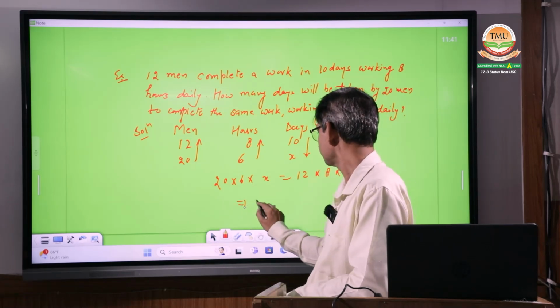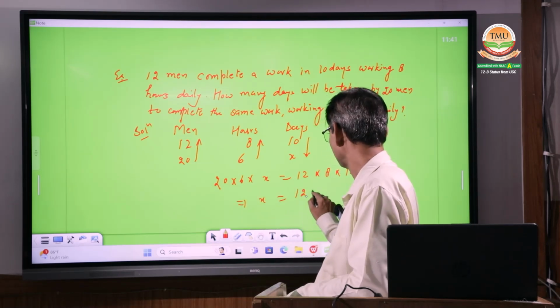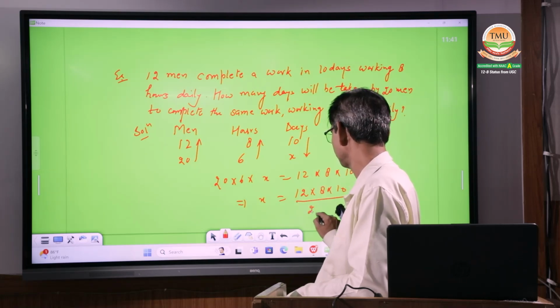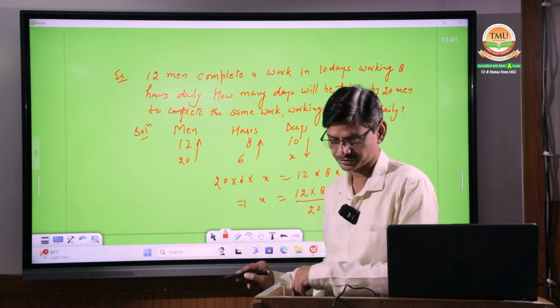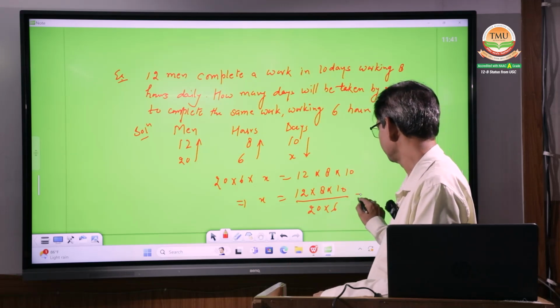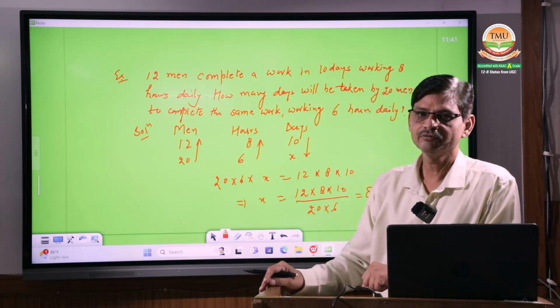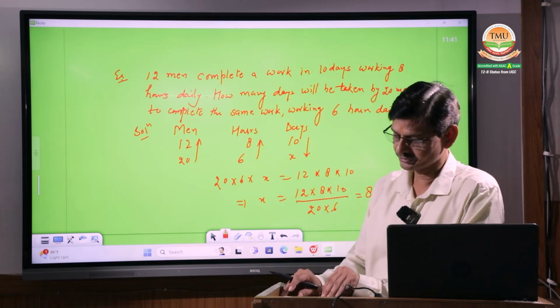Now X will be 12 into 8 into 10 upon 20 into 6. This will be 8 days. The value of X will be 8 days.